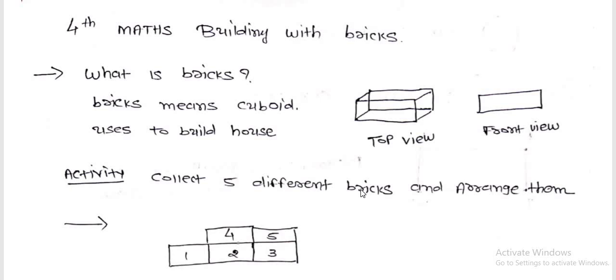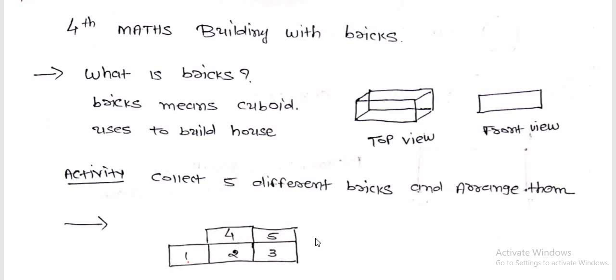For example, if you have 5 bricks, then you can arrange them like this. At the bottom you can arrange the first, second and third bricks, and the rest of the 2 bricks are on top of these 3 bricks. This is one type of arrangement of bricks. This type of arrangement is known as a pyramid.